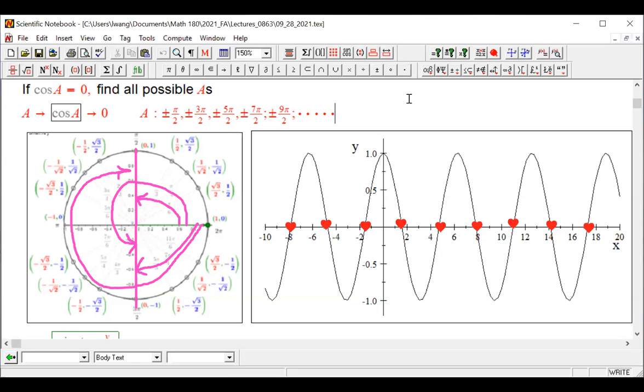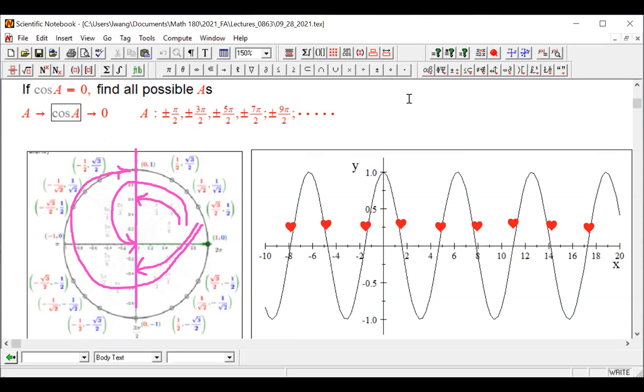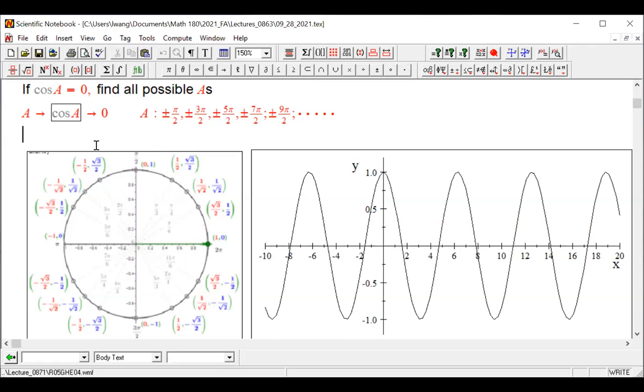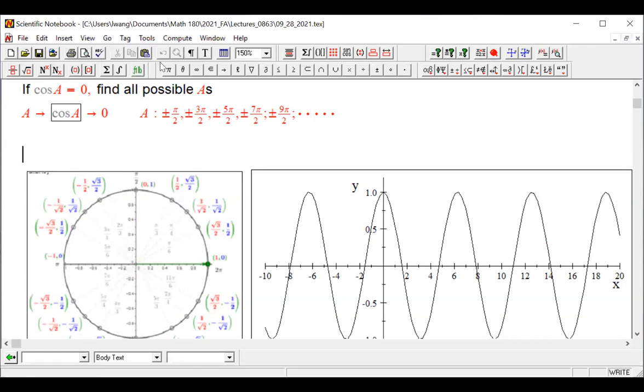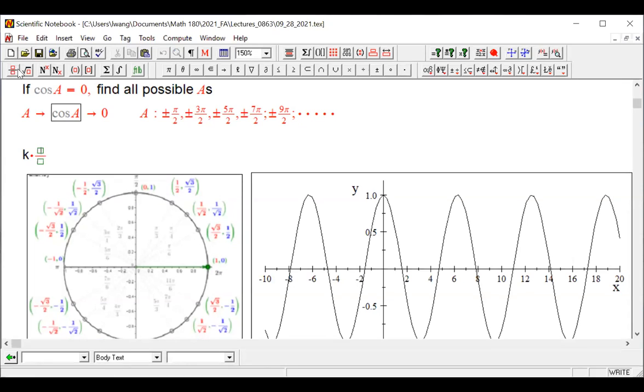K is an integer, which means not only pi over 2 works. So your description is this, right? Give me k times what? K times pi over 2.